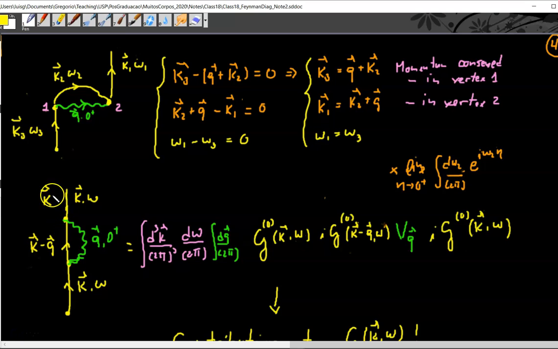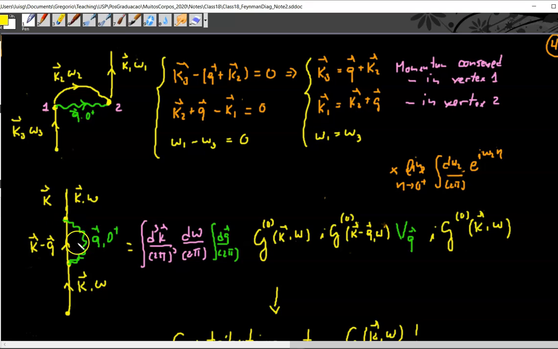So if I redraw the diagram, what I have now is, if I enter here and propagate here with momentum k, which I'm now calling k3 equals k, then the momentum of this line will be k minus q, right? So that would be k2, k minus q.